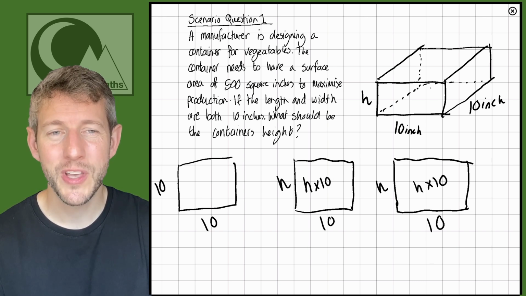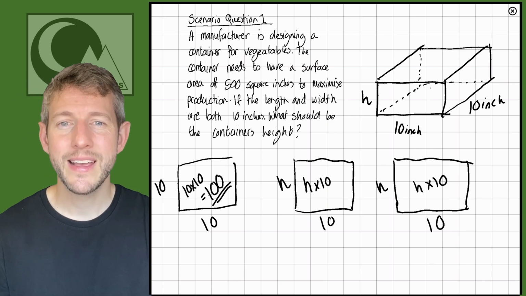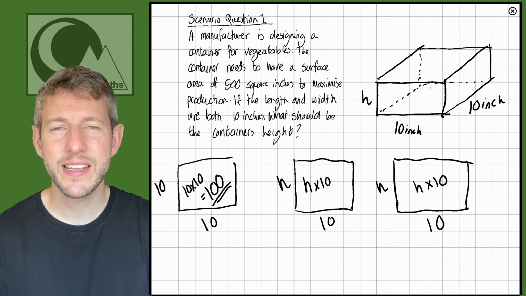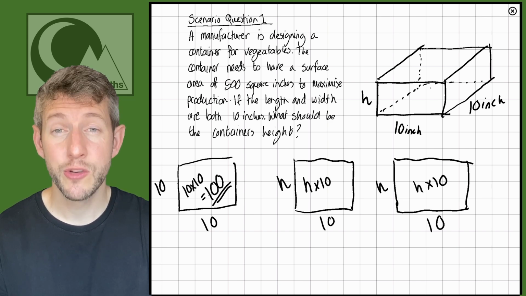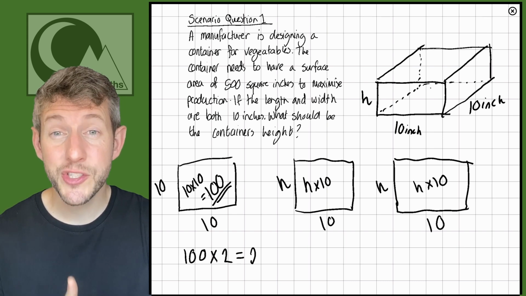Right. So we can work out the area of the first rectangle. It's a square, so it's going to be 100 square inches. 10 times 10 is 100. But remember, there are two of them.